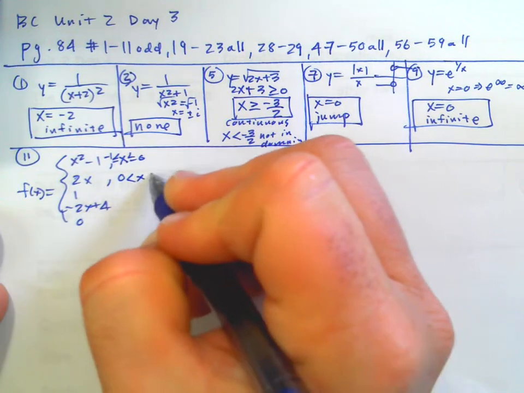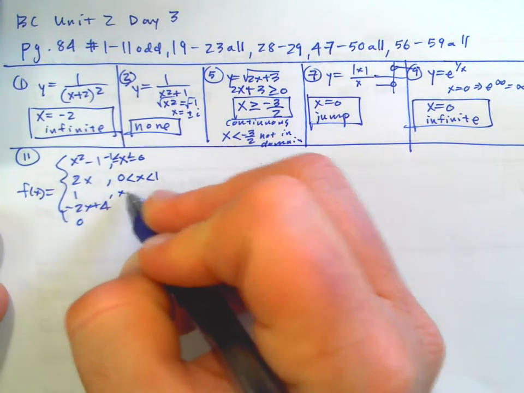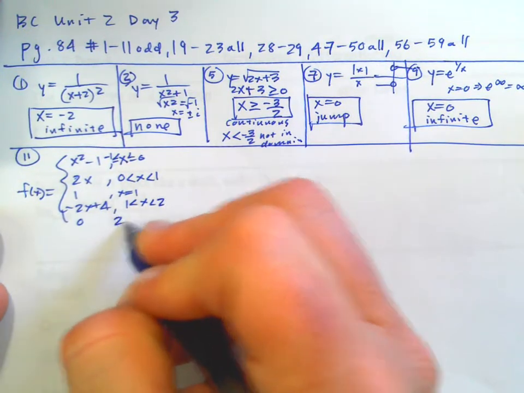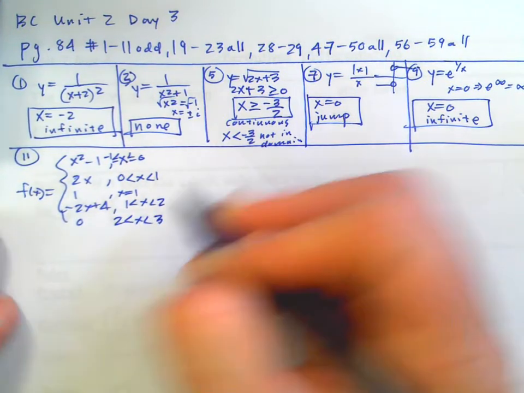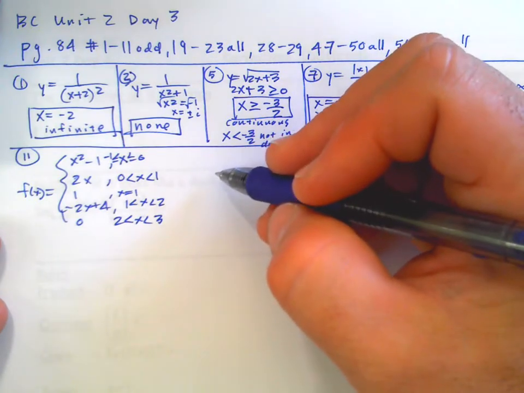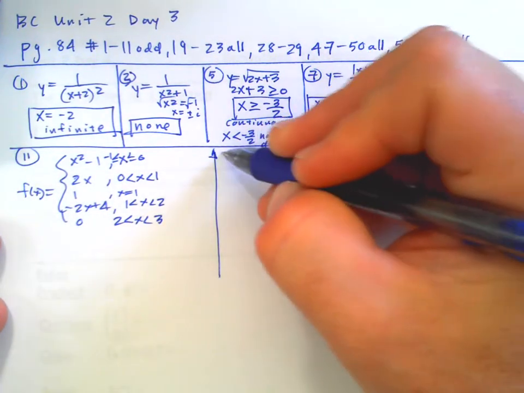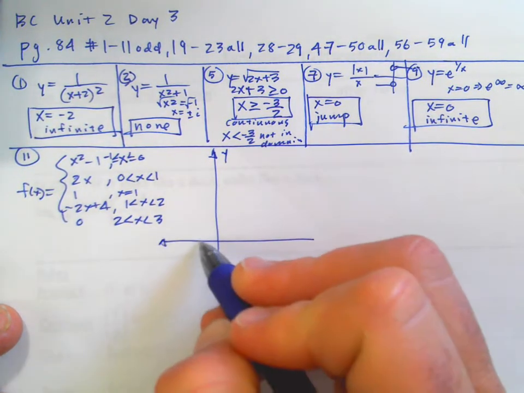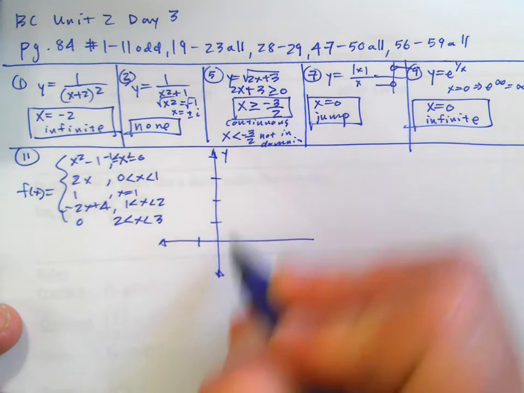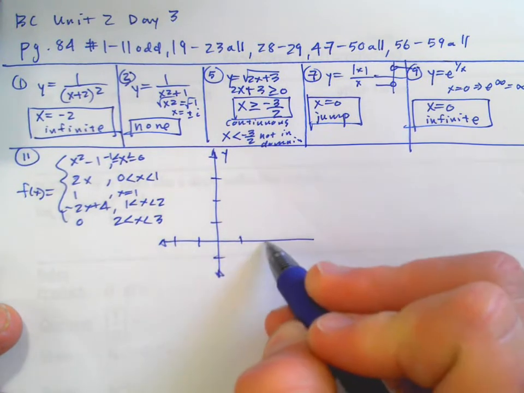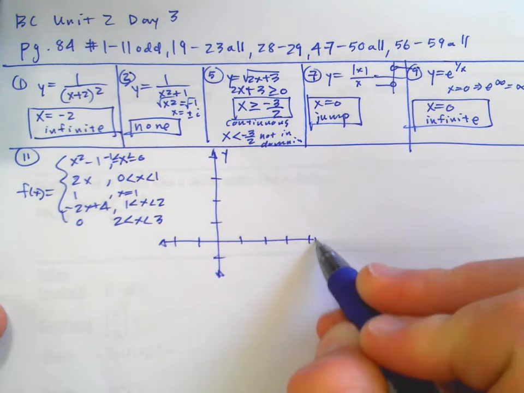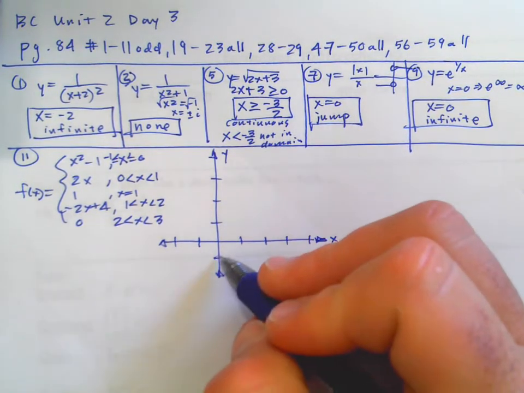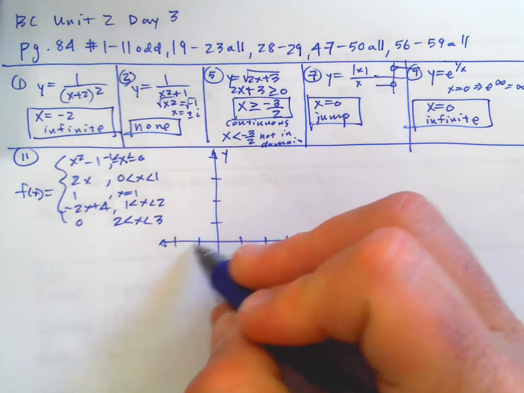The graph looks like a parabola that's been shifted down 1, from -1 to 0.